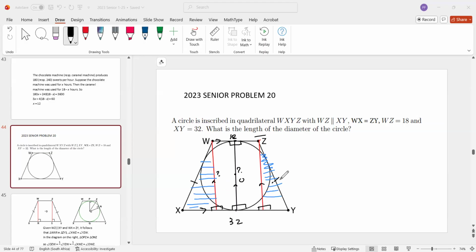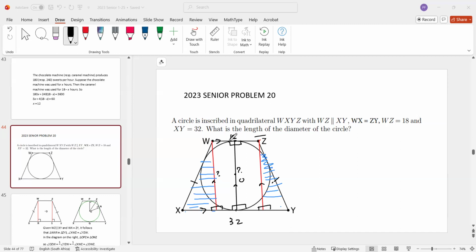Those two triangles, we are given that these two sides are the same. We are told by construction these are 90 degrees, and these are equal because you've got a rectangle. Opposite sides of a rectangle are equal. So these two triangles are actually congruent, which means that this line here is the same as this line.